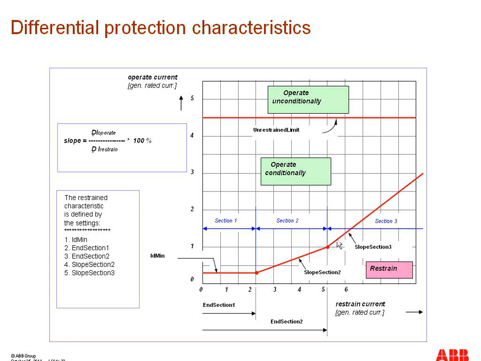Section number 2 covers the more current dependent inaccuracies in the differential protection schemes. And in section 3, the slope will be more pronounced and is designed to result in a higher tolerance to substantially take care of the current transformer saturation at high throughput currents.